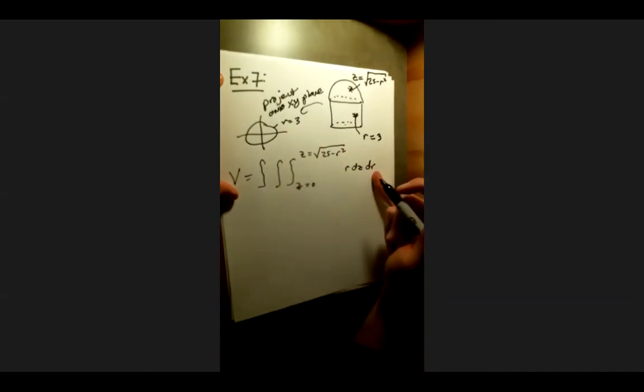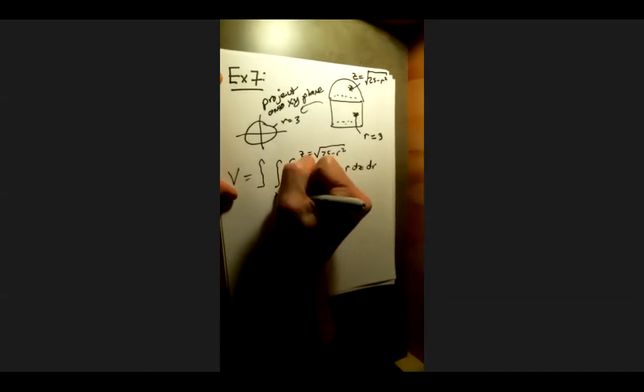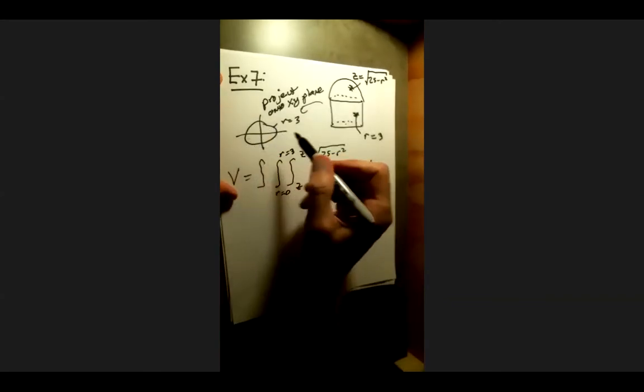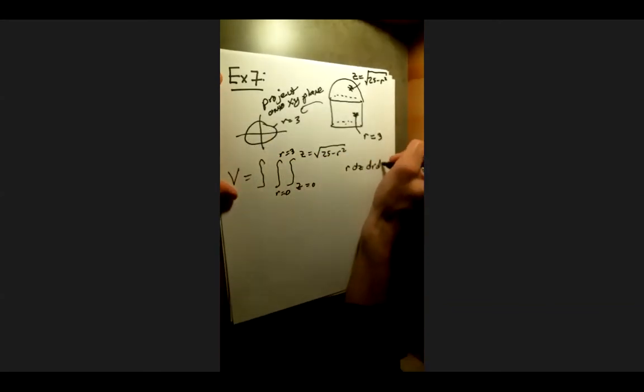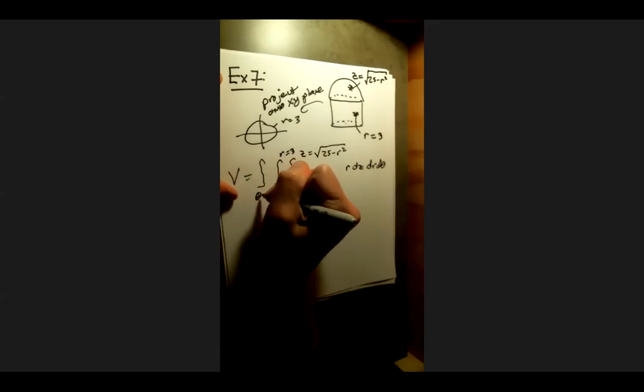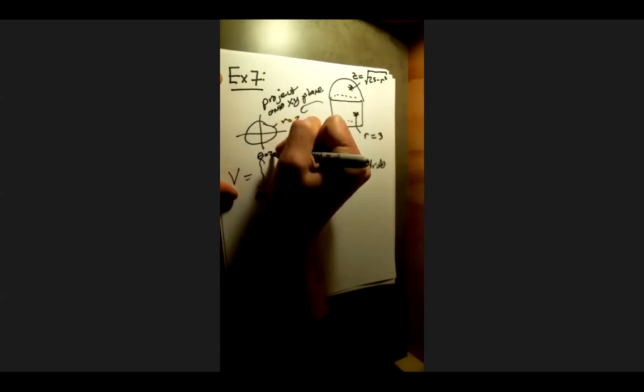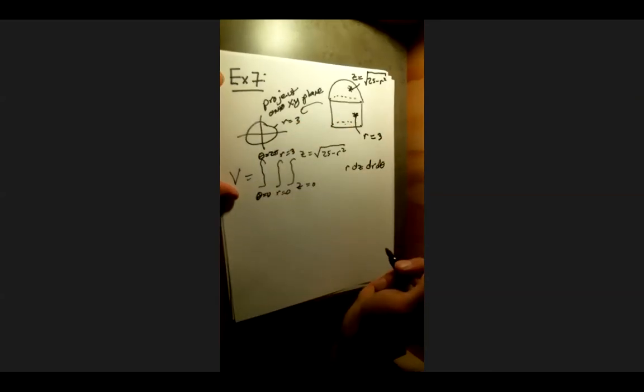And so our r's are going to range from r equals 0 to r equals 3. And then we want the entire circle, and so our thetas are going to range from θ equals 0 to θ equals 2π. Dusty, go ahead.